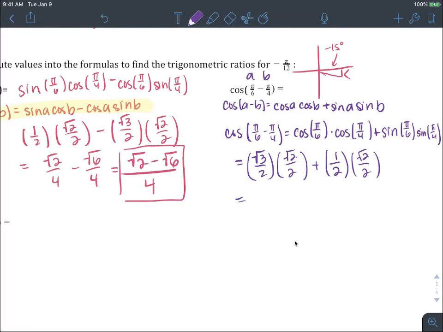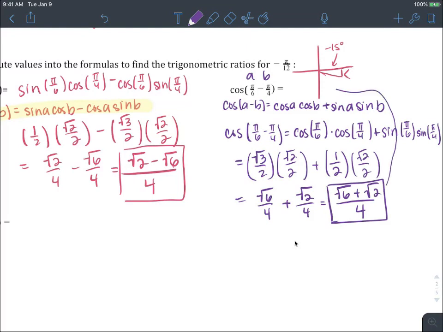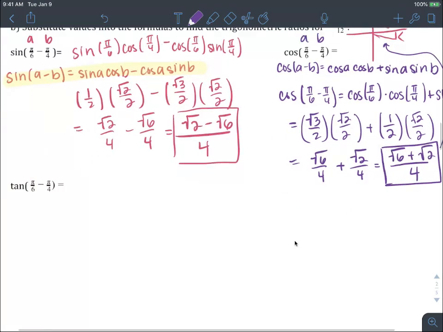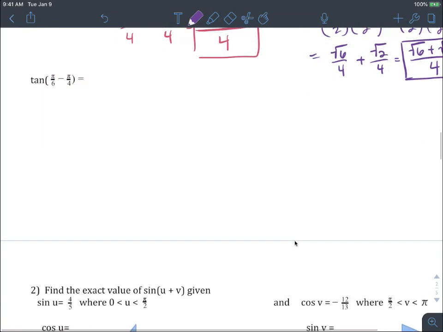And that equals root 6 over 4 plus root 2 over 4, which is root 6 plus root 2 all over 4. So this would represent the x length of the negative 15-degree triangle. Okay. All right, lastly, tangent.